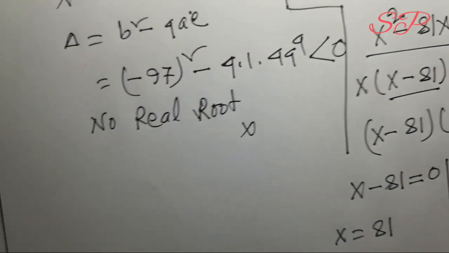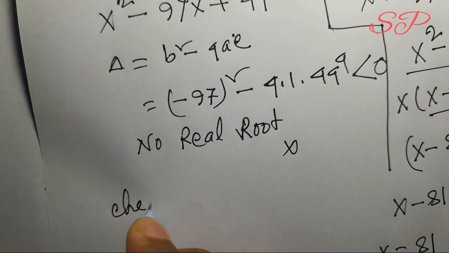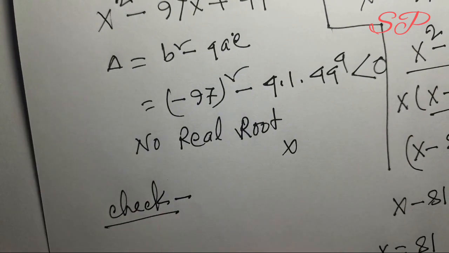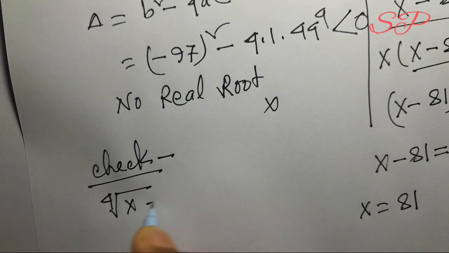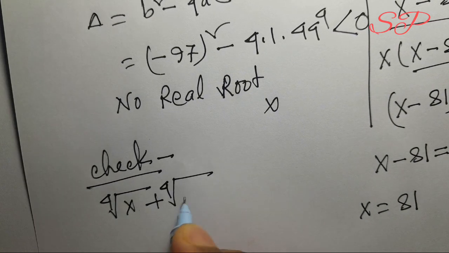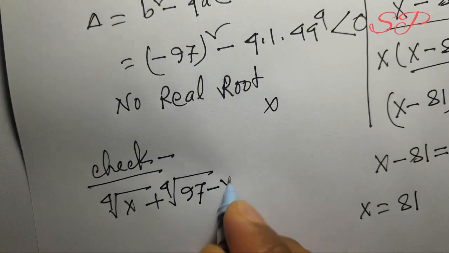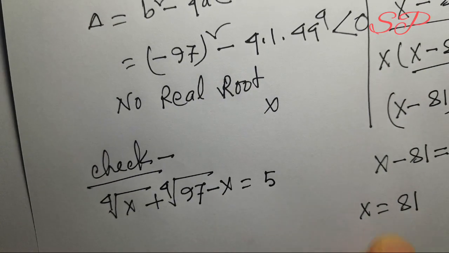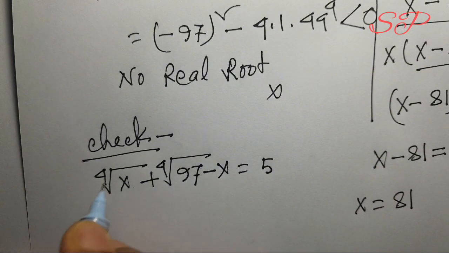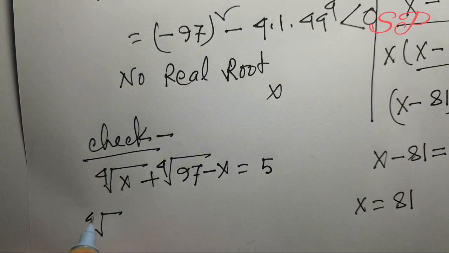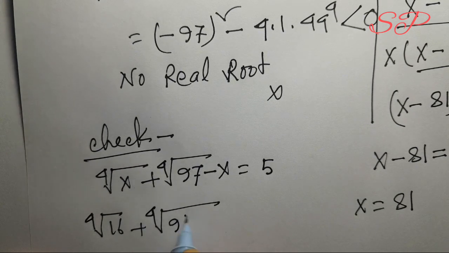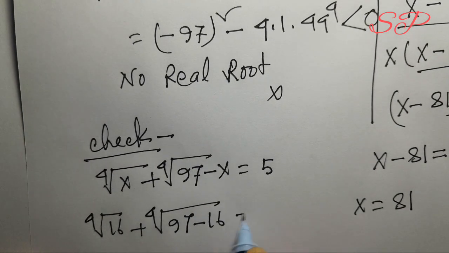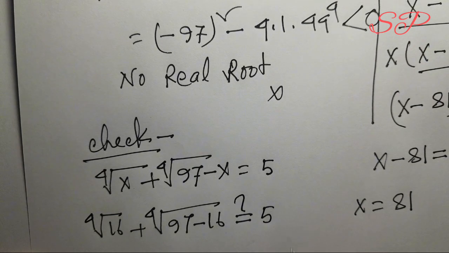Now check. The fourth root of x plus the fourth root of 97 minus x is equal to 5. If x is equal to 16, then the fourth root of 16 plus the fourth root of 97 minus 16 is equal to 5.